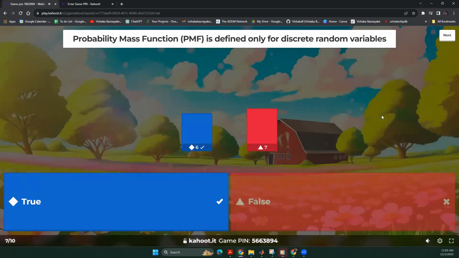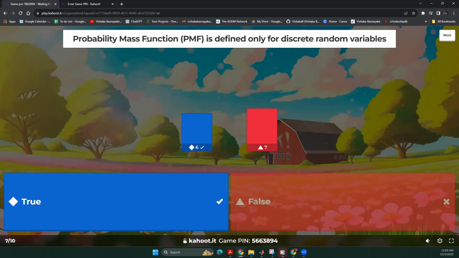The probability mass function is the distribution function that is defined only for discrete random variables, where we define this mass function as a summation of the probabilities.